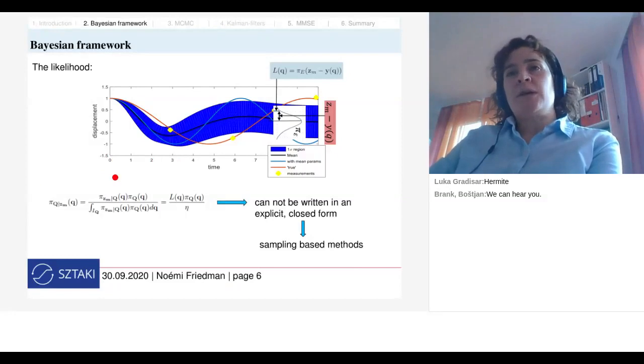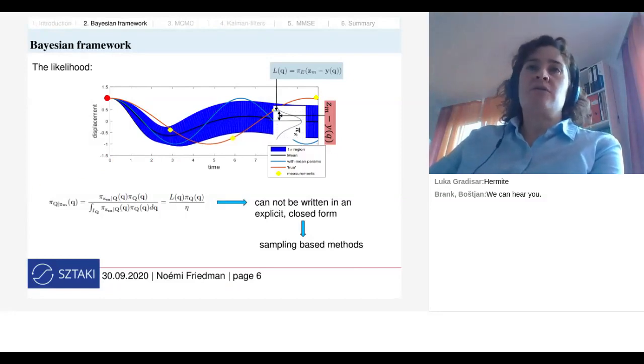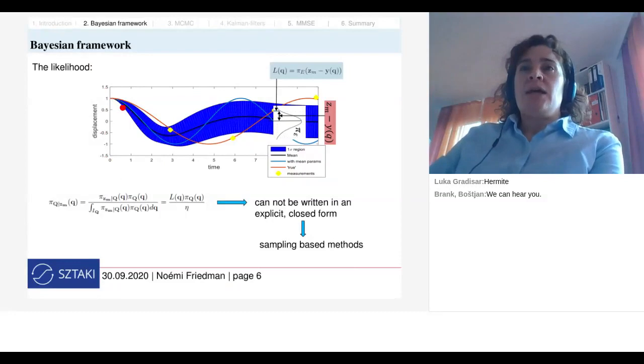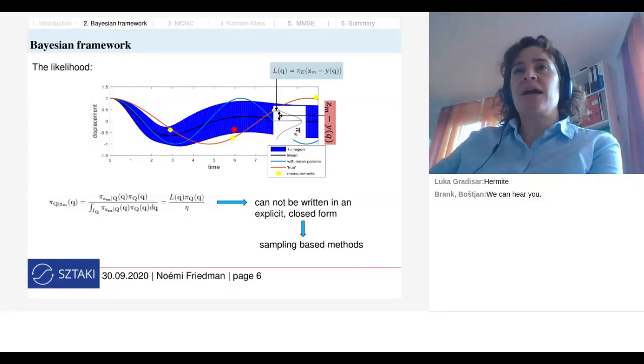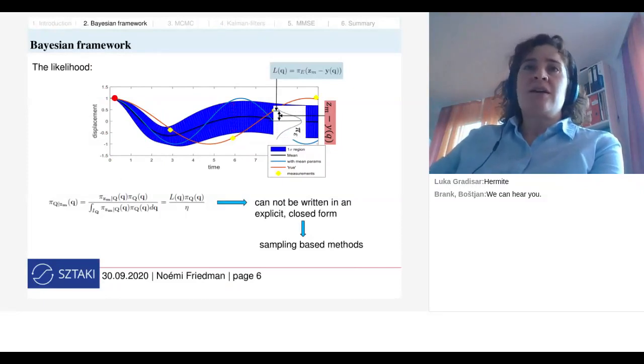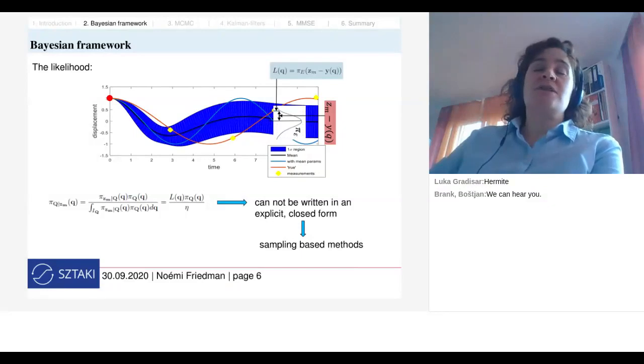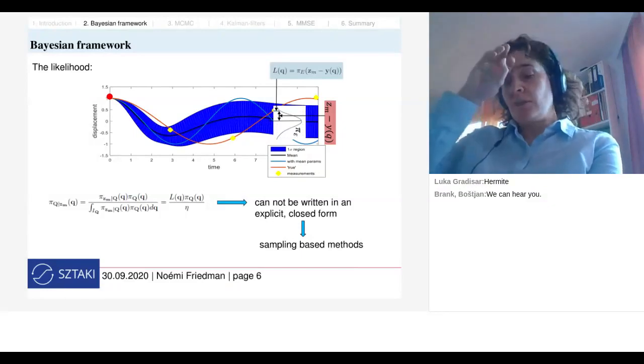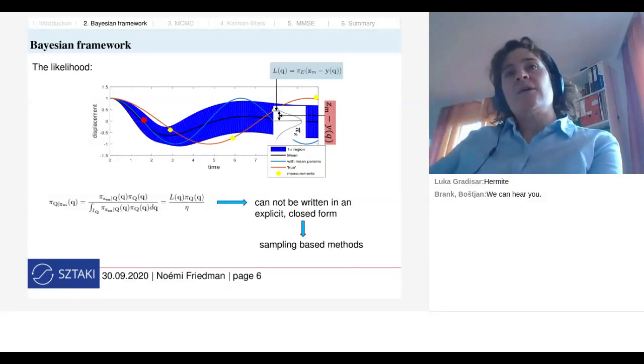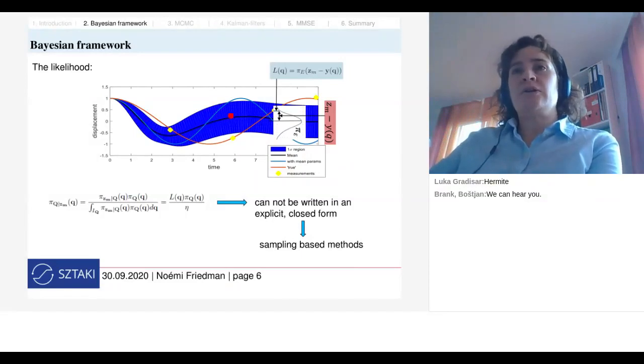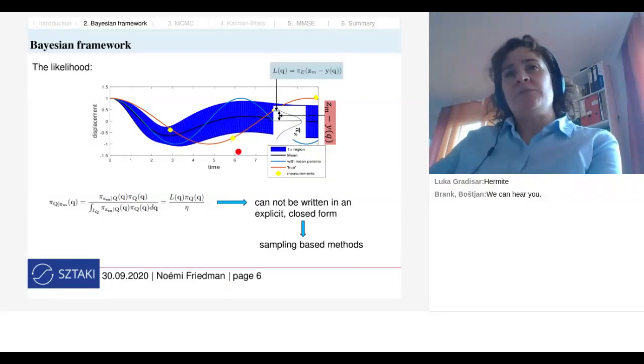This is the time domain, and this is the displacement of the mass with time. You see a blue region, which is the 1 sigma region. This reflects my uncertainty, because I have some uncertainty of the stiffness and the mass. This is how this uncertainty propagates through the displacement as I go with time.